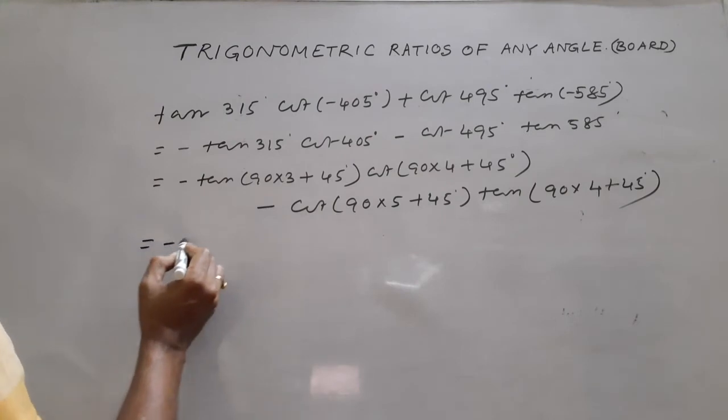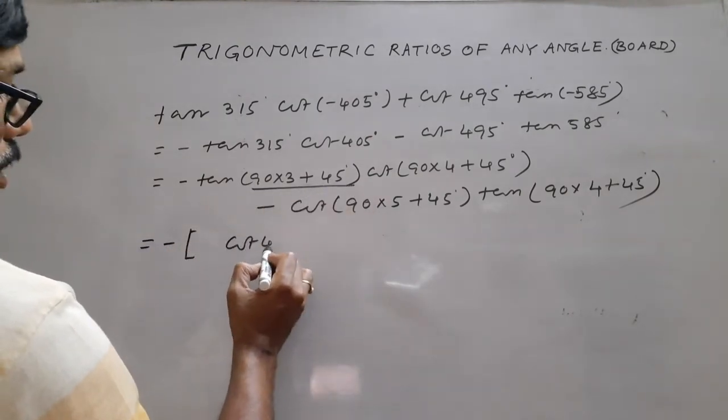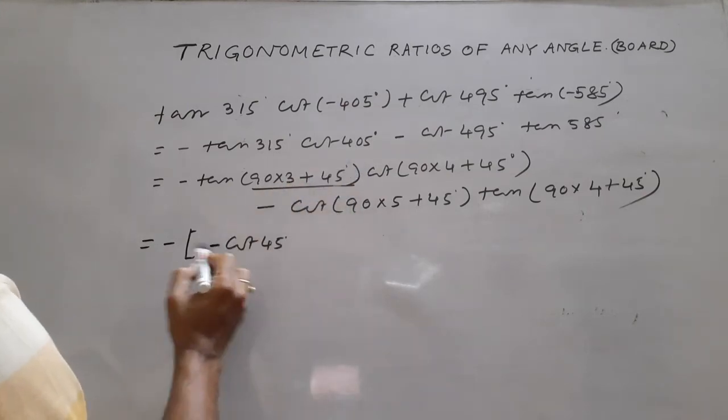Now minus outside, this is cot 45. In the fourth quadrant it is negative, so this is minus.